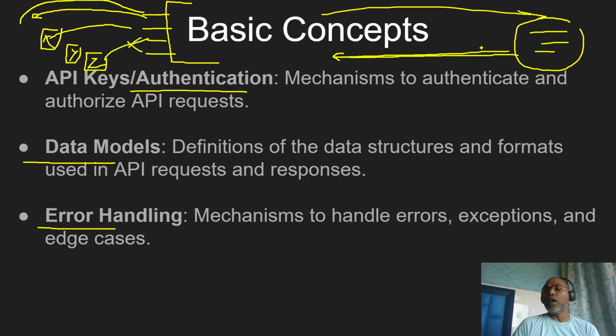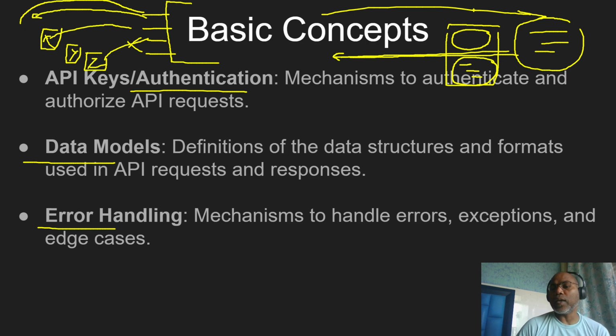In error handling, the response clearly mentions that if I am responding successfully, the data comes under this section. If any error happens, the data comes under the error section and the error has a complete detailed message available. Whatever request the user sends, maybe it requires authentication or authorization.